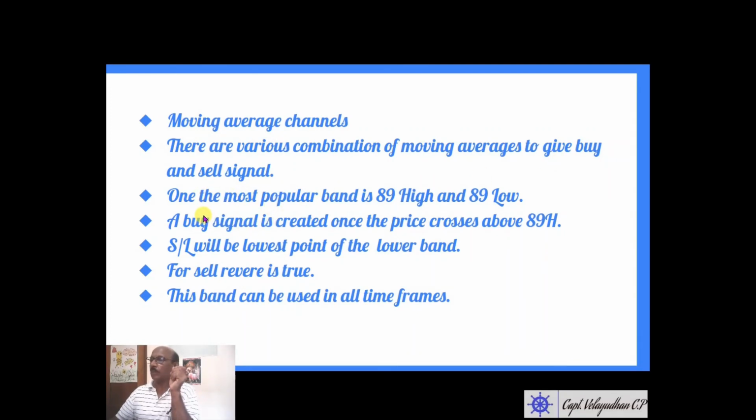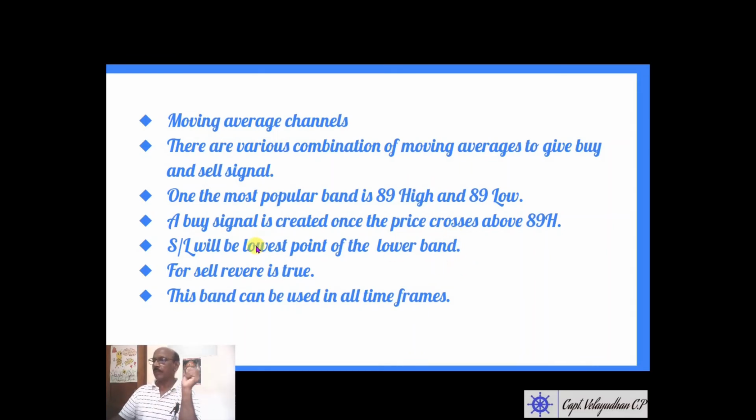One of the most popular bands is the 89 period high and low. There are other bands like the 55-day moving average, 34-day moving average, 21-day moving average. All are giving good results. Depending upon the time horizon, you can choose.